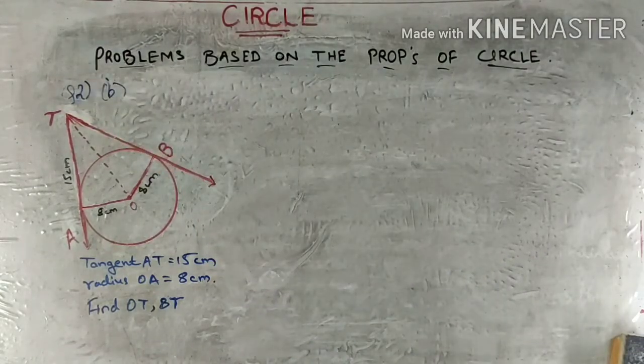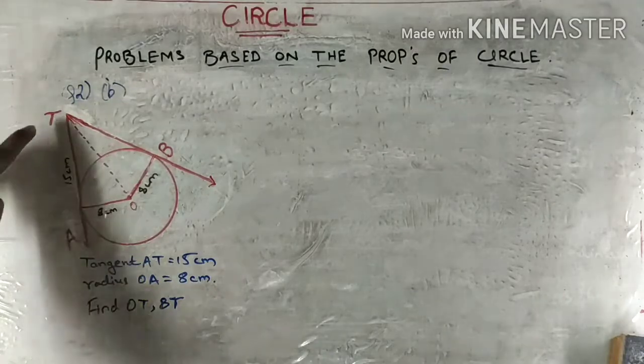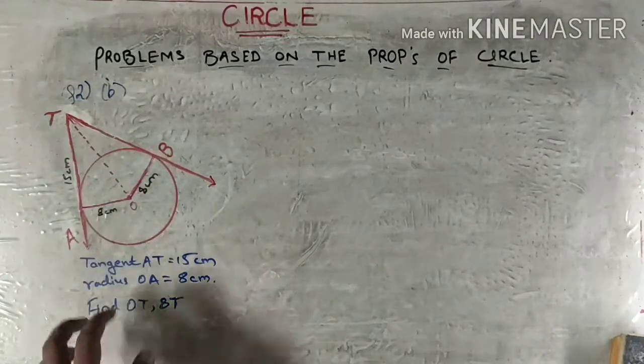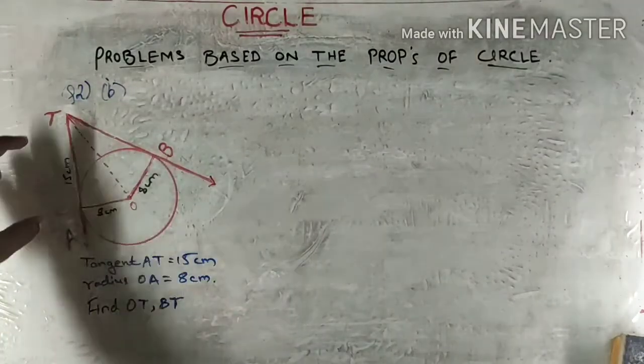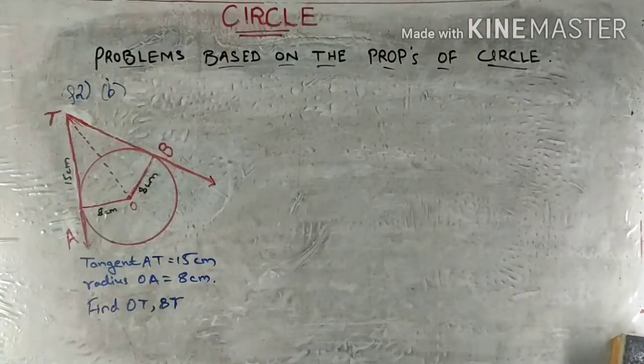The second property states that two tangents can be drawn from a point outside the circle. So T is a point outside the circle, two tangents can be drawn, and TA will be equal to TB.